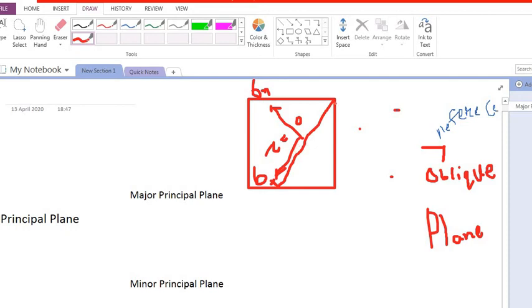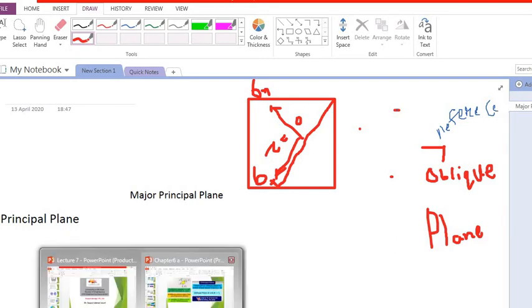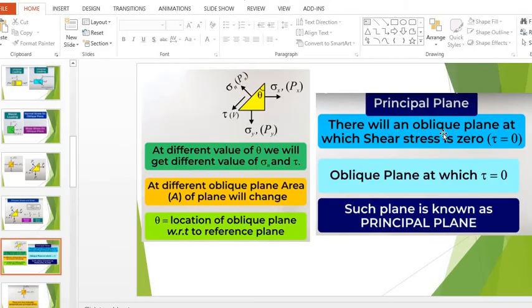I will repeat again: on this oblique plane, when tau is equal to 0, meaning shear stress is 0 and there is only normal stress, then this plane will be called a principal plane. Such a plane at which shear stress tau is equal to 0 is known as a principal plane.